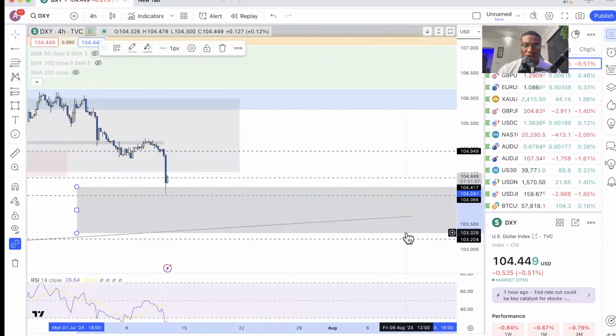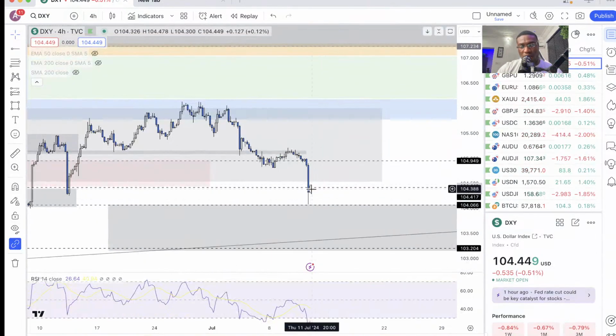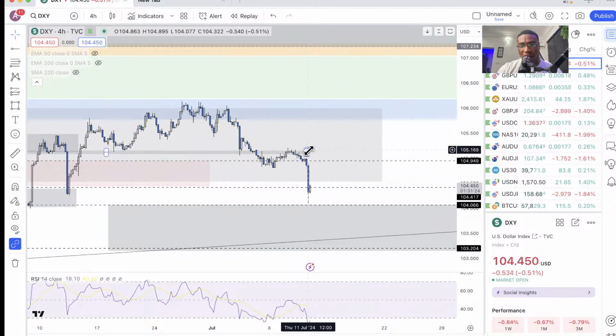For now, I'm just going to reverse that. For now, the dollar is weak, and again, we're seeing pullbacks and retracements, but this would have to close above our key level before we can see a bullish dollar. As long as we continue to trade below this zone, I'll just indicate it for you guys so you can see. Give me a second.